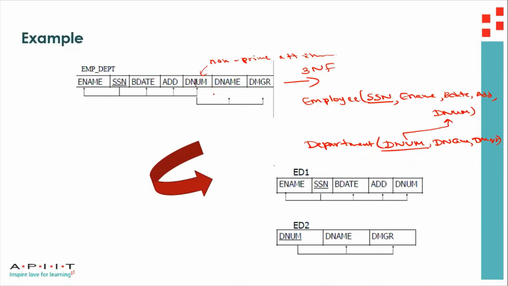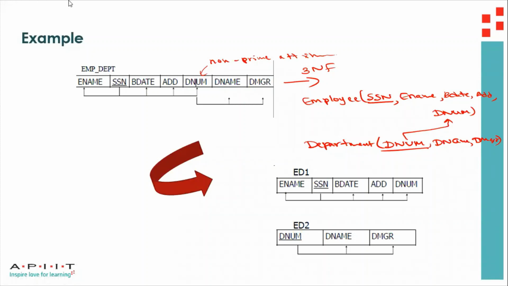So here, department name and department manager are depending on the DNAM. So you could assume that since these two are depending on this DNAM attribute, you can make it a primary key. Since these two non-prime attributes are depending on this particular attribute, you can make it the primary key in the second relation. That's the idea. Hope you got the answer for that.